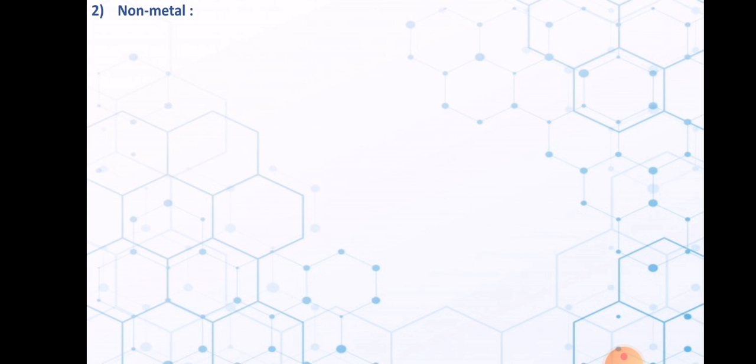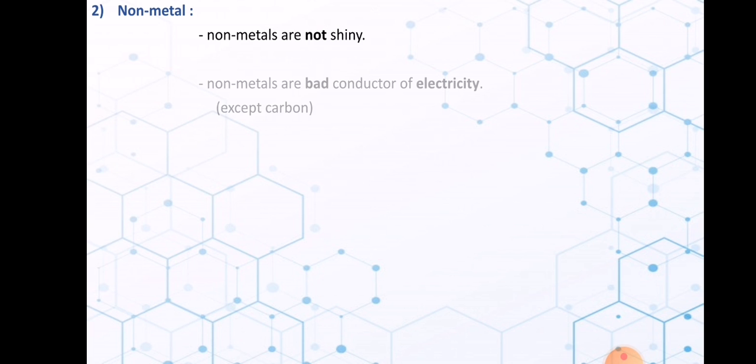Non-metals have no metallic luster, so they are not shiny, like sulfur or carbon. Non-metals also are bad conductors of electricity except carbon. Carbon is the only non-metal that is a good conductor of electricity.